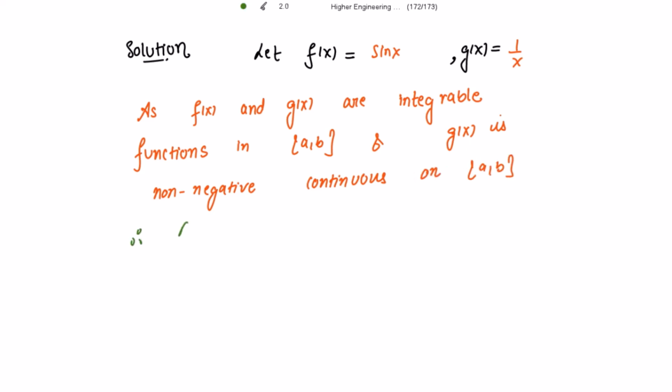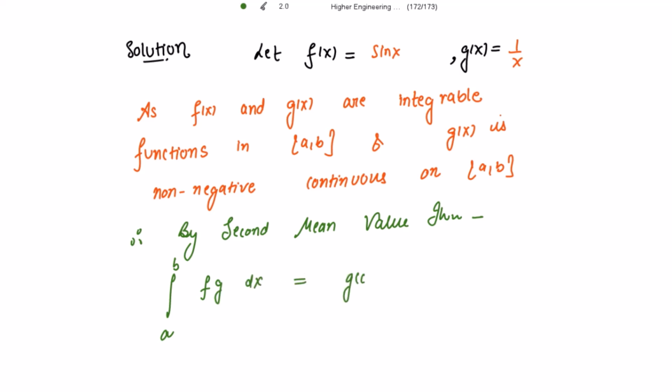So therefore, by the second mean value theorem, the integration from a to b of the product of these two functions is equal to g(c), which I'm taking outside of the integral, times the integral from a to b of f(x) dx, for this c that is greater than or equal to a and less than or equal to b. Please notice over here, if you are taking g(c) outside of the integral, then there should be f(x) dx inside. And if you are using f(c) outside of the integral, then inside the integral there must be g(x) dx.